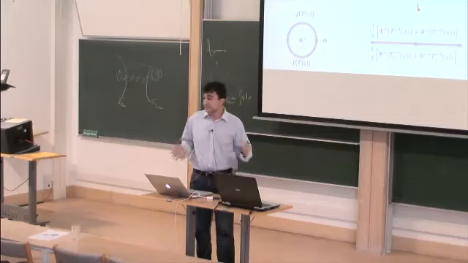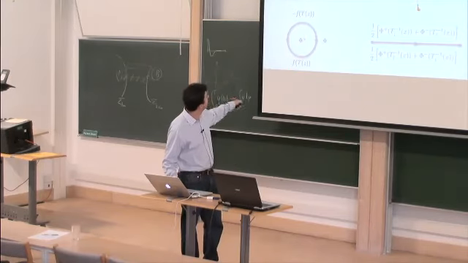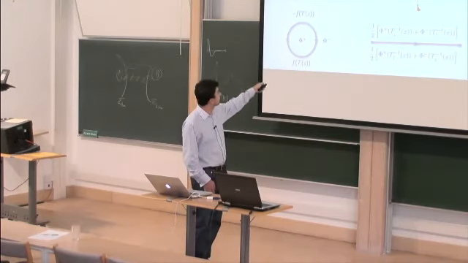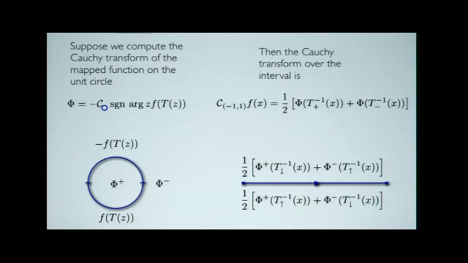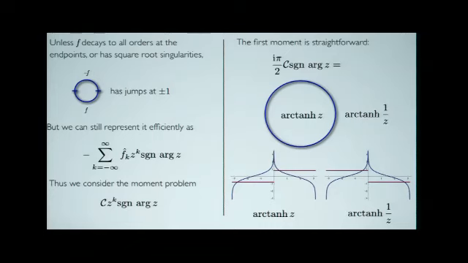Okay, so we've reduced it now to the problem of computing the Cauchy transform over a circle. But the problem now is that we have a jump at plus or minus 1. So we can't just use an FFT Laurent series. But instead of expanding f in a Laurent series, we're going to subtract out the sign function, so this jump. And so we can efficiently represent f minus the sign function in this series.